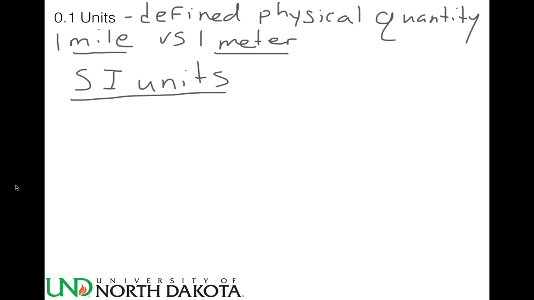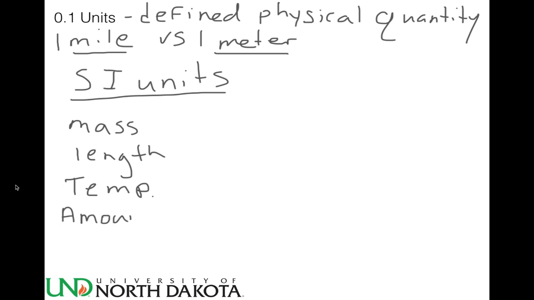Now, there are 7 fundamental SI units, and the ones that are going to be most important for us in Chemistry 121 are the units for mass, length, temperature, amount of substance, and time.